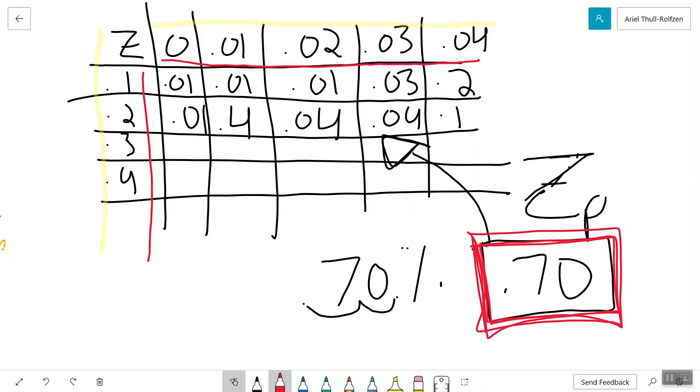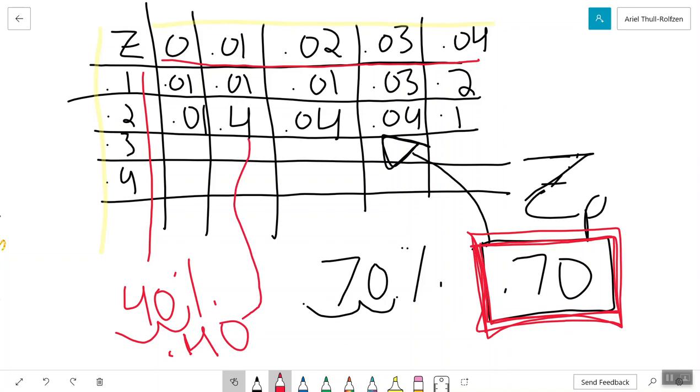So let's say that I want to know the 40th percentile. I'm going to convert it to a probability and say, okay, 0.40. And I'm going to take it and I'm going to find it in the table. So it's right here, 0.4.